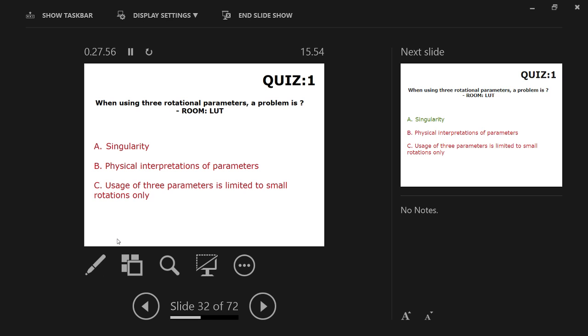Then check the room LUT, and these 3 choices are available in the LUT room. Then enter your answer, whichever you felt is the correct one. And then that's the end of today's lecture. Next week, we're going to look a little bit at these 4 parameters. Think about it again beforehand: what is the relation, the way these 4 parameters are linked? There's a constraint that combines them together, because it's valuable information.